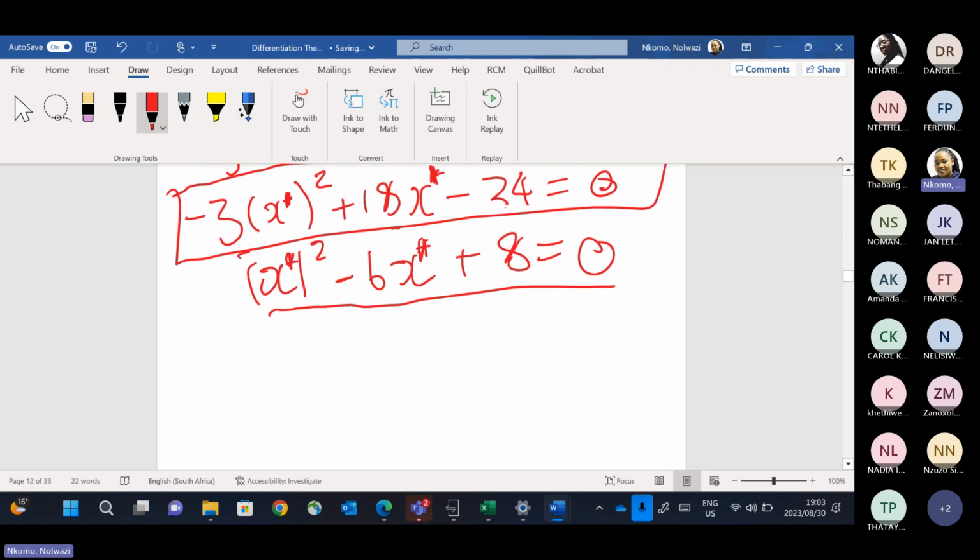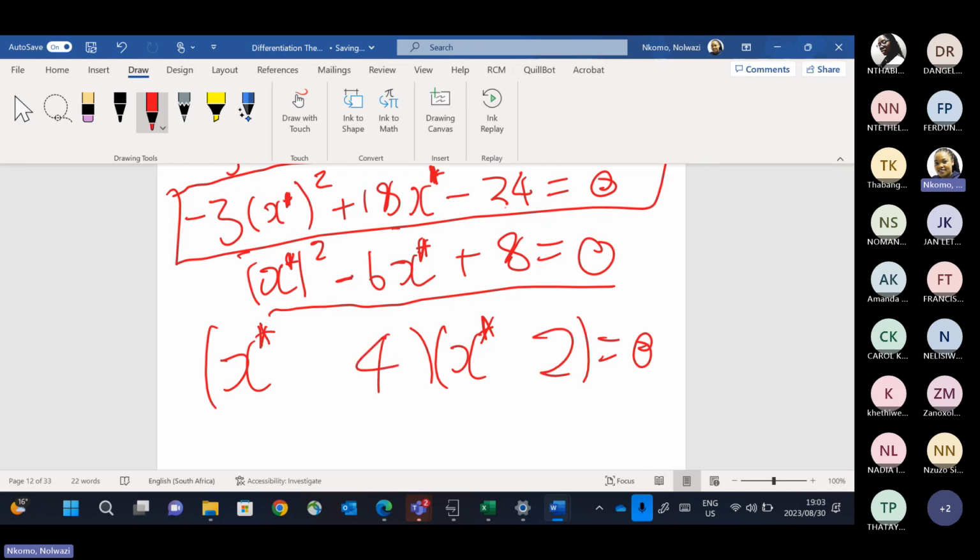Okay, if you factorize this function, you should get x star and x star, and the factors of 8 that will give us 6 are 4 and 2, because we need -6, so they are both negative.